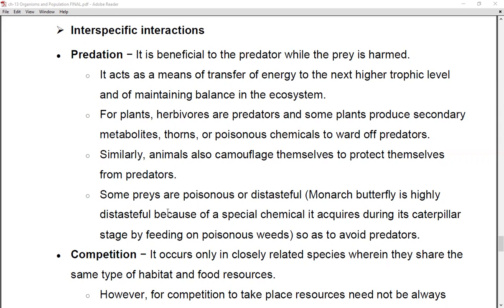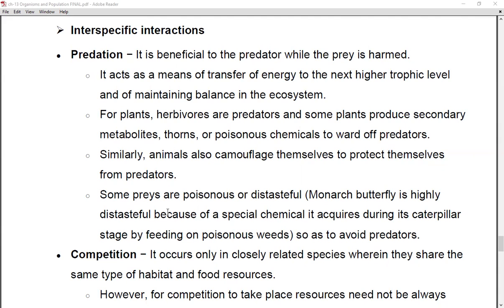If the energy does not pass, then the balancing of the ecosystem does not take place. So predation is one of the interspecific interactions in which energy is transferred to the next higher trophic level, in accordance with the maintenance of the ecosystem.